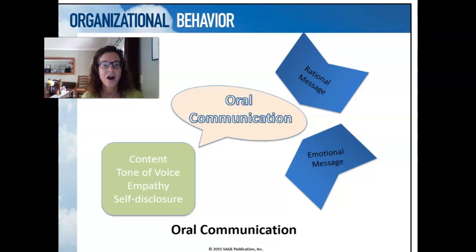All of those are in declining richness compared to face-to-face communication. This is why we use emojis so often to complement the lack of the emotional component when we communicate in the written form.